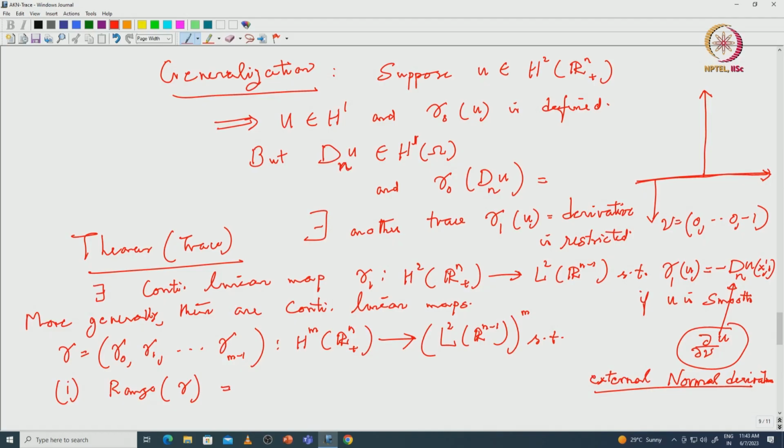For gamma j you will have H. If you take the jth derivative of the function, you lose j derivatives, and then you lose half a derivative, on Rn minus 1, and then this is your product, j equal to 0 to n minus 1, product.